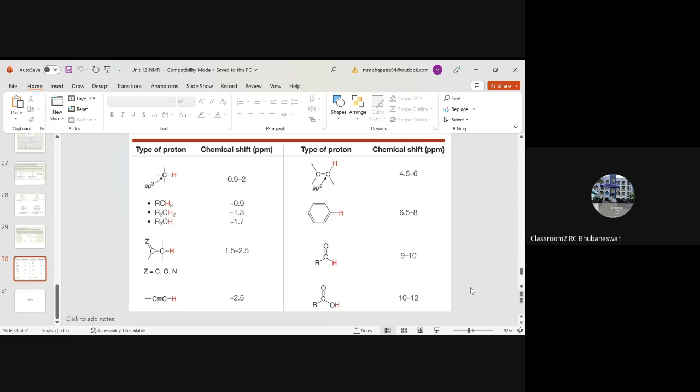So depending on the hybridization also your chemical shift values are changing a lot. So this raw information you must have with you, that where the signal is coming.